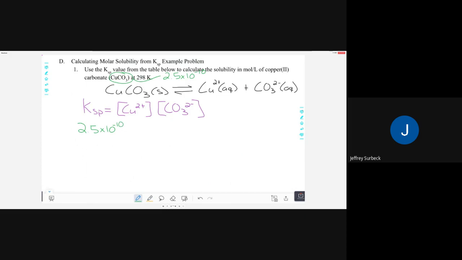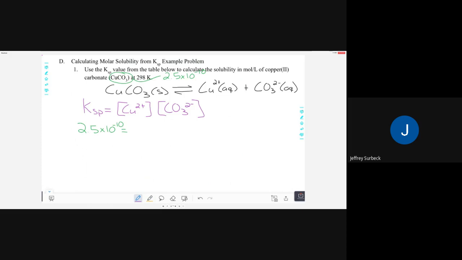Now, my next question is this. Do we know anything about copper or that carbonate, that CO3 2-? Is anything listed number-wise? If we don't know it, we put what in math class? Variable.